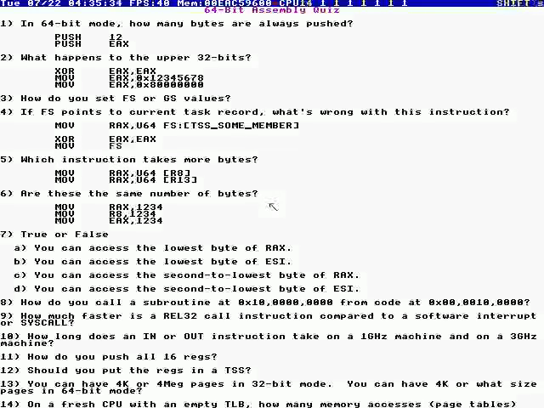Move FS colon. You set EAX to 0, then you take some member off of EAX. This is not RIP relative. It gets worse.